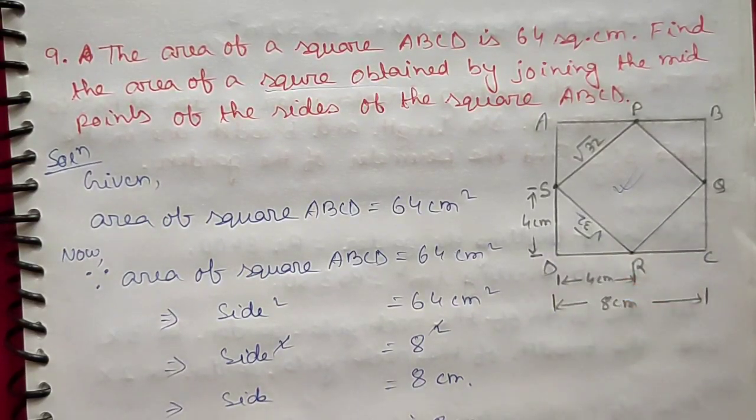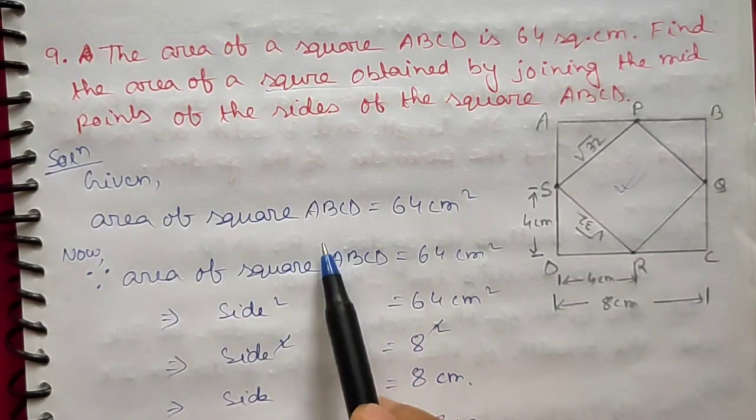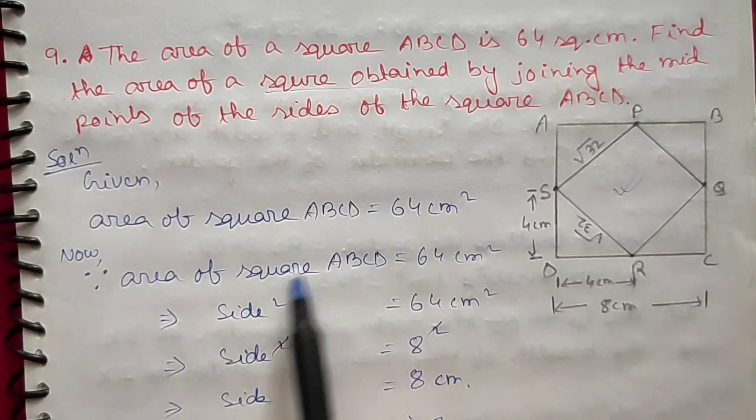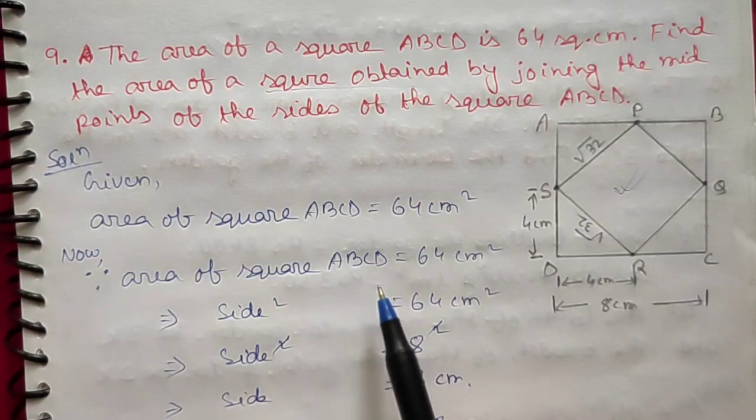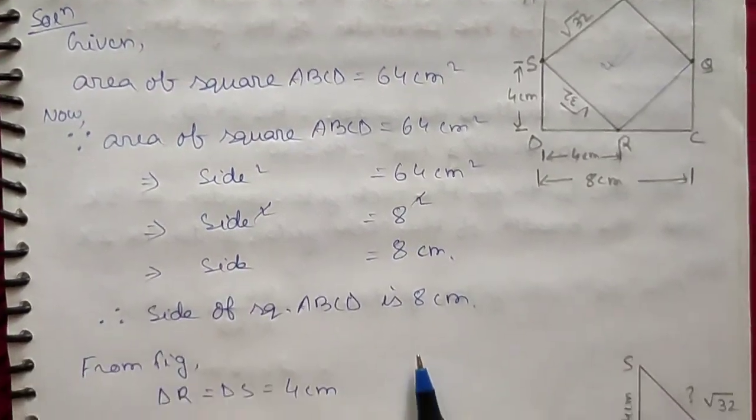Now okay, let's start. We see in the given, area of square ABCD equal to 64 centimeter square. Since the area of square ABCD equal to 64 centimeter square, therefore side square equal to 64, and 64 is the square of 8. So side square equal to 8 square, square cancel, side equal to 8 centimeter.